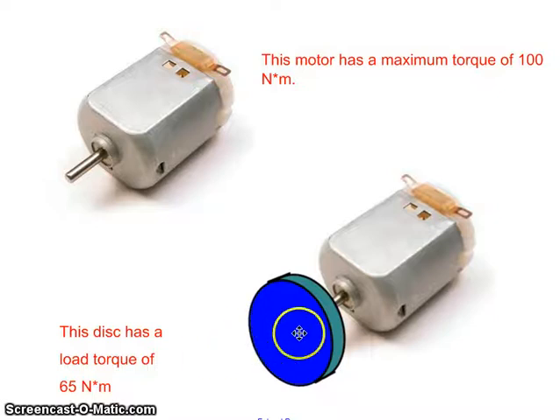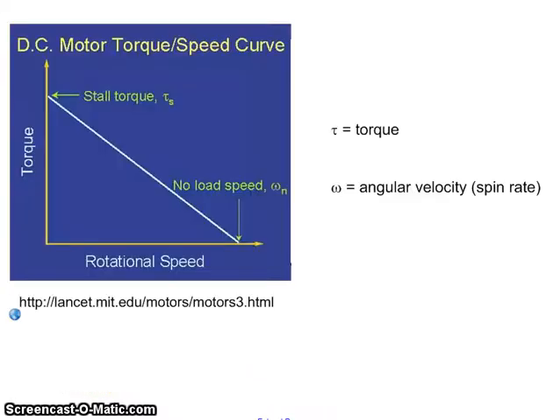But of course, if this disk was something like 110 or 120, anything above 100 Newton meters as a load, the motor would stall. So we want to take a look at the way in which we look at the trade-off between motor torque and rotational speed.